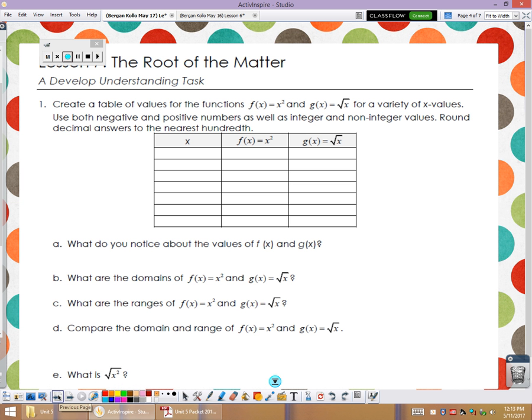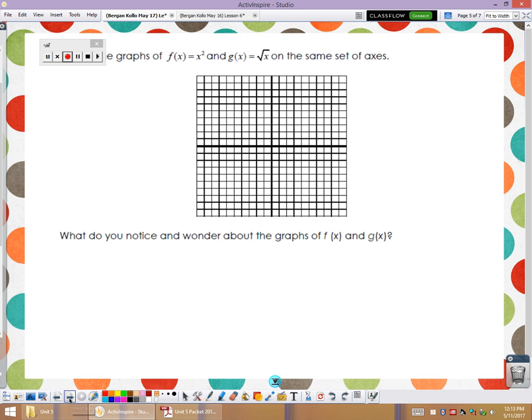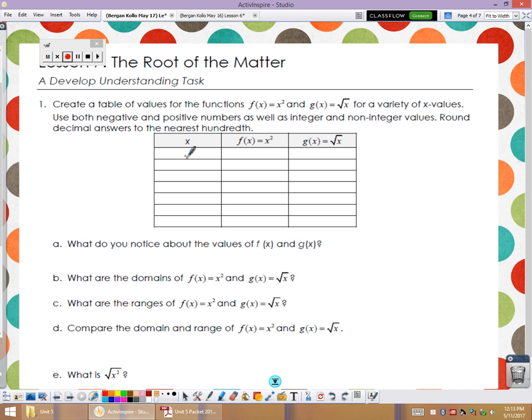We've kind of already talked about the domain and range of squares and square roots, so to speak. For instance, if I have numbers like 0, 1, 2, 3, 4, 5, 6, and I square these numbers 1, 4, 9, 16, 25, 36, then I try and take the square root. I can take the square root of that number and that number, but I cannot take the square root of 2 without my calculator, or 3, but I can do 4, or 5, or 6.